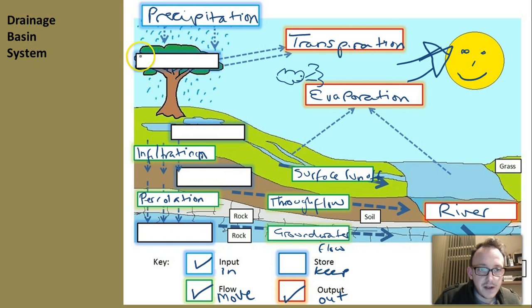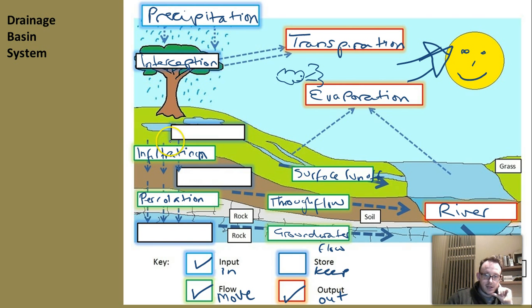So we call this one where it's stored by the trees interception. Okay, that's water being stored on the leaves of the tree or leaves of vegetation or whatever. That water that's stored on those leaves can then be transpired into the atmosphere.